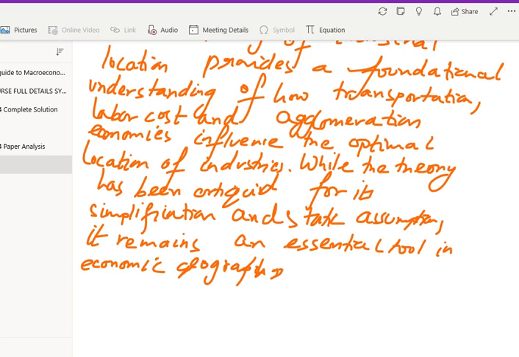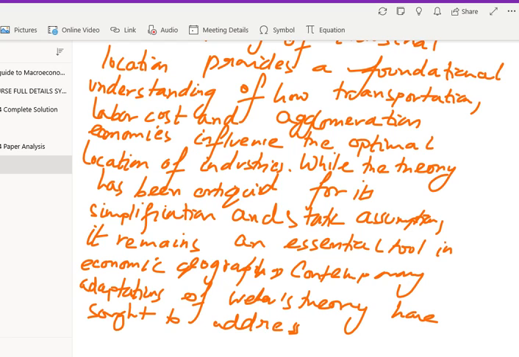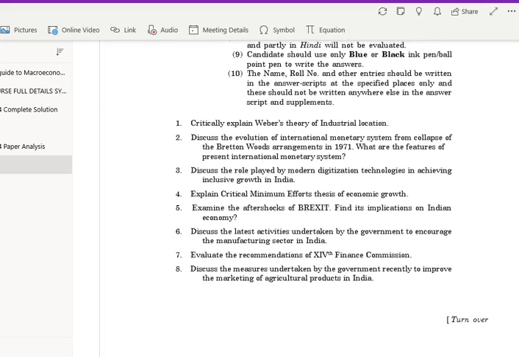Okay, now contemporary adaptations of Weber's theory have sought to address its limitations. So like this you have to write the answers. Okay, now let me take another question.